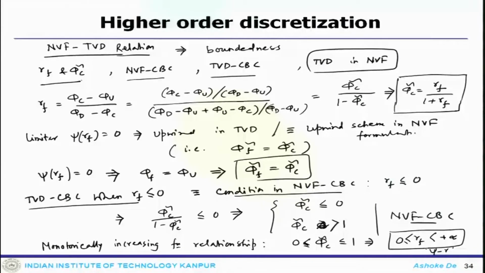Now, phi c tilde tends to 1, which will get you RF equals phi c tilde by 1 minus phi c tilde, which tends to positive infinity.